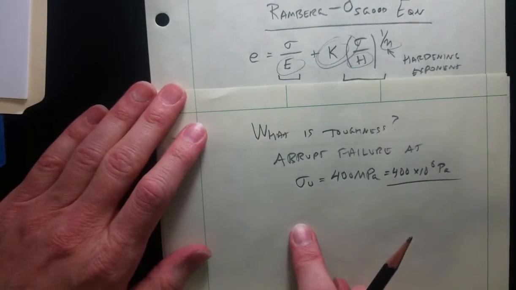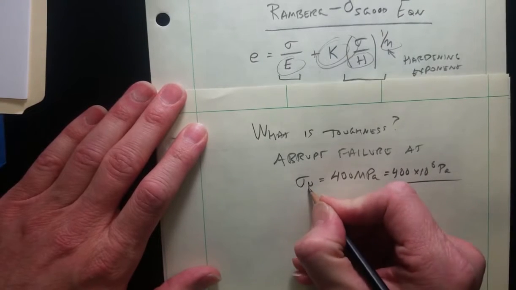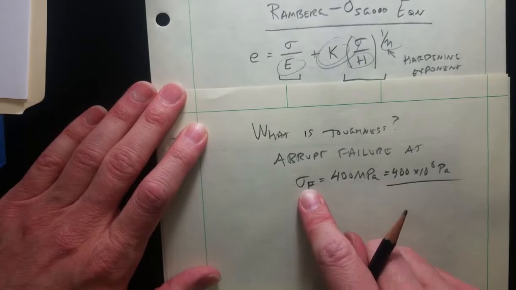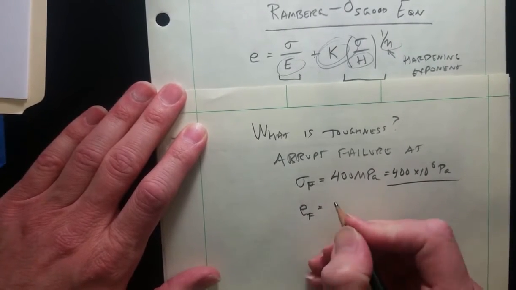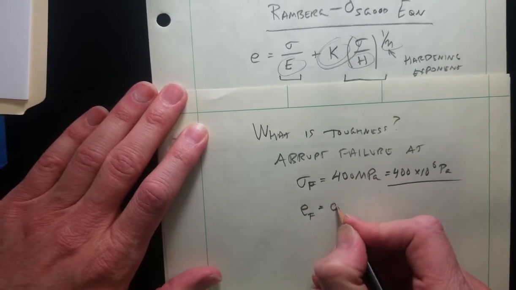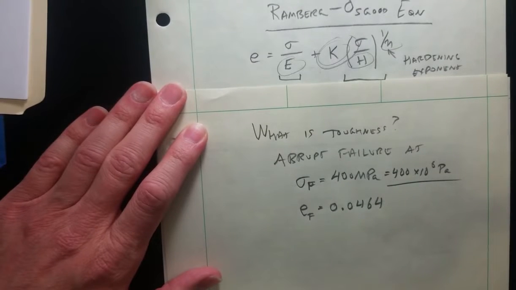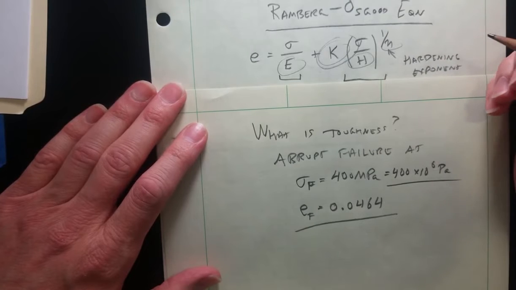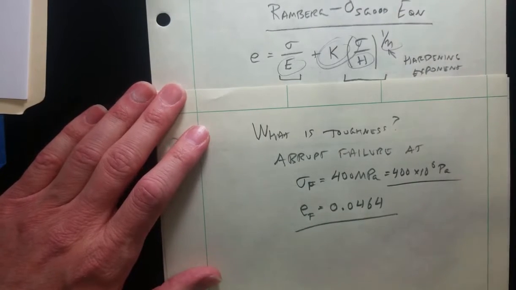Well, we've got the equation, and we've got the coefficients, which means we can substitute this, or let's call this σf for failure. We substitute σf in, and that's going to give us εf equal to 0.0464, which is saying we've got about a 5% elongation, which is not unreasonable.